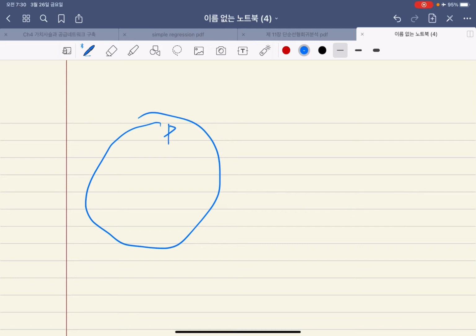And then there is an independent variable and then dependent variable, right? So you want to find true relationship between x and y, right? So you want to find the intercept and slope, right?